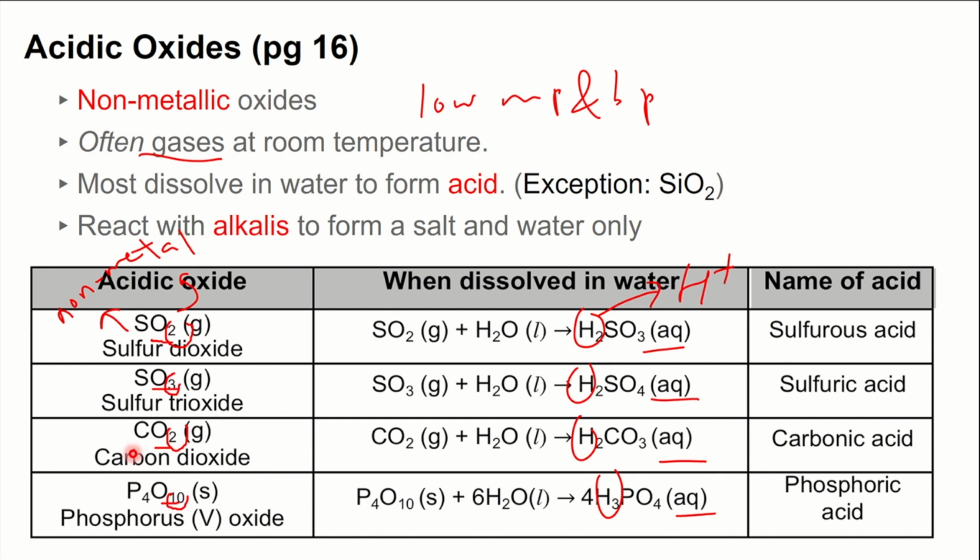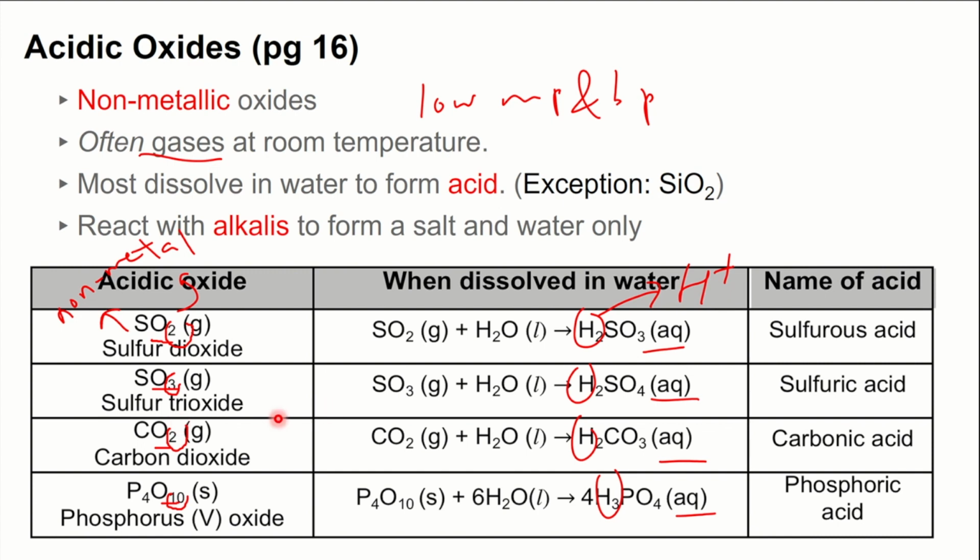The reason why your breath in the morning smells a little bit sour and might stink a little is the accumulation of carbon dioxide gas in your mouth, and it stimulates bacterial growth. So the air you breathe out is acidic, and that is why you need to brush your teeth using toothpaste, which is alkaline. So remember, the gas that you breathe out, carbon dioxide, is acidic. And so this is your acidic oxide.